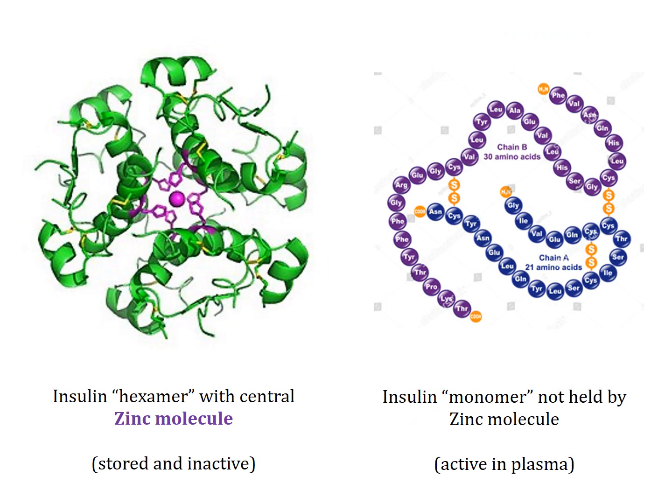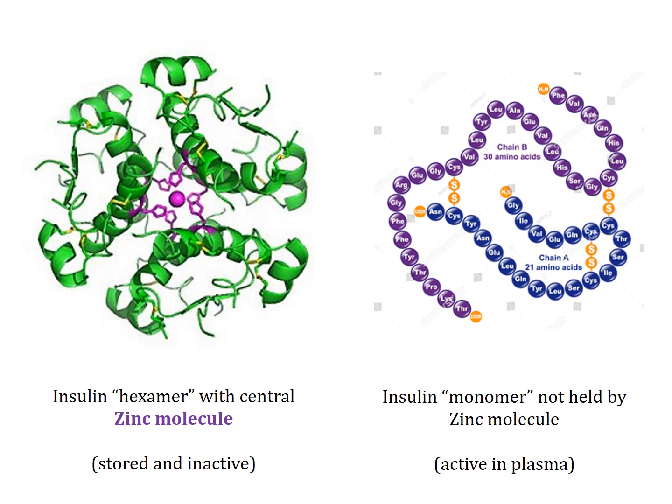What is it about zinc and insulin? So insulin is actually released as a hexamer. Hex meaning 6, meaning that 6 insulin molecules are held together, and they're held together by a central zinc molecule. Once insulin is released, that hexamer breaks up into monomers. Those monomers are no longer held by zinc, and it's the monomer which is active in plasma.